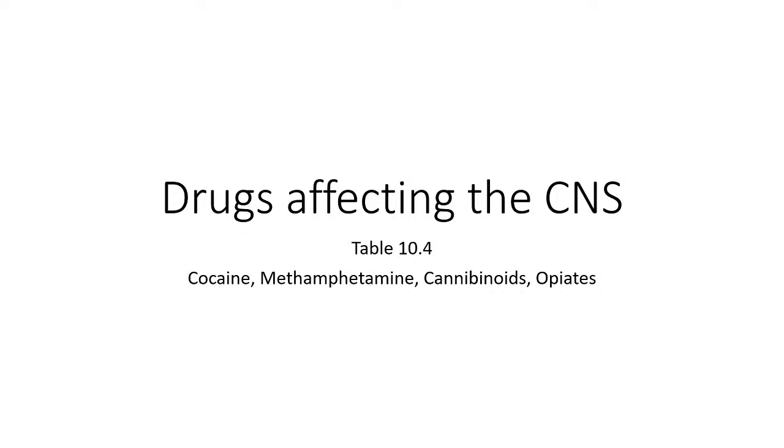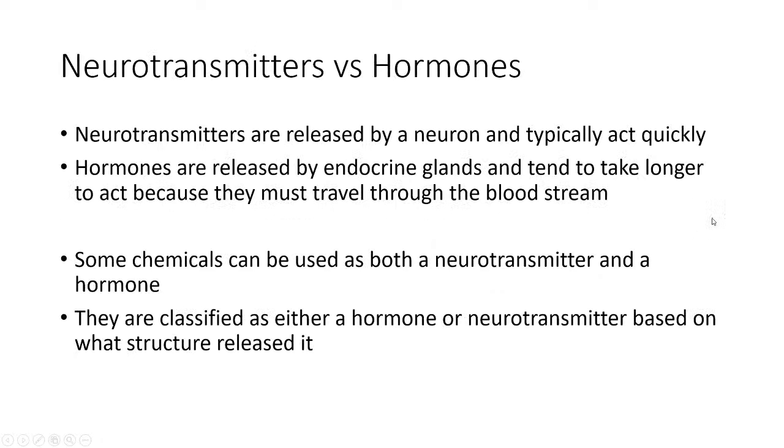All right, so drugs that affect the central nervous system, we're going to talk about cocaine, methamphetamine, cannabinoids, and opiates. So, comparing neurotransmitters and hormones, neurotransmitters are released by a neuron and they act very quickly. Hormones, on the other hand, are released by endocrine glands and they tend to take longer to act because they have to travel through the bloodstream. But some chemicals can be used as both a neurotransmitter and a hormone.